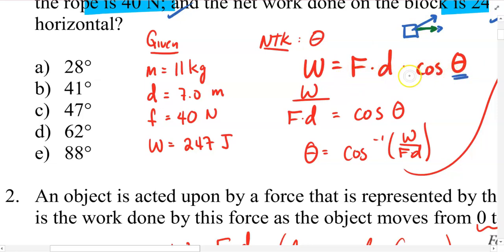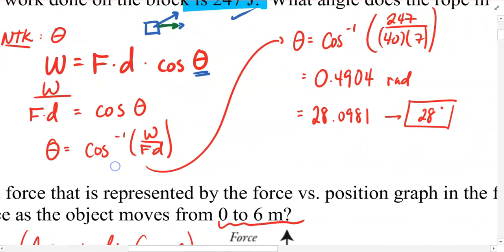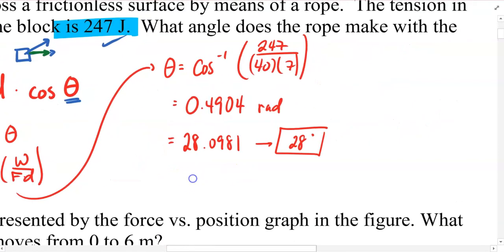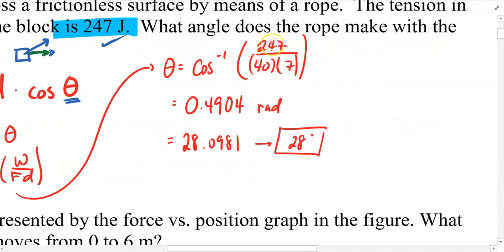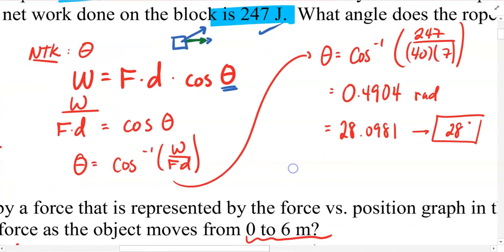So before I substitute any numbers in, I'll go ahead and solve for theta. I've divided both sides by F and d, and then I applied the cosine inverse to both sides of the equation. And so now it's cosine inverse of our work, 247, divided by our force times distance. My calculator was originally set to radians, and this is the result that I got.